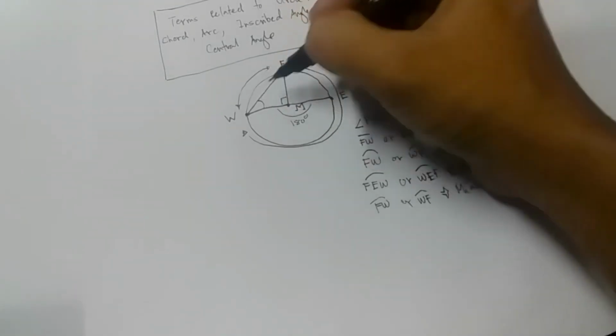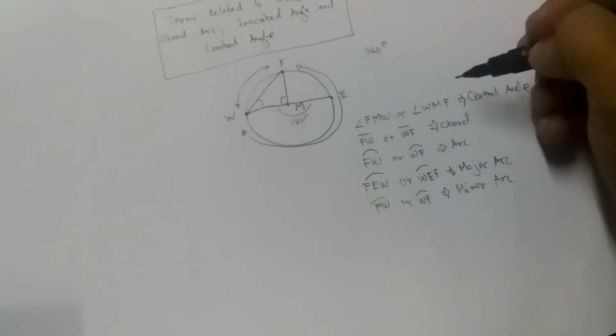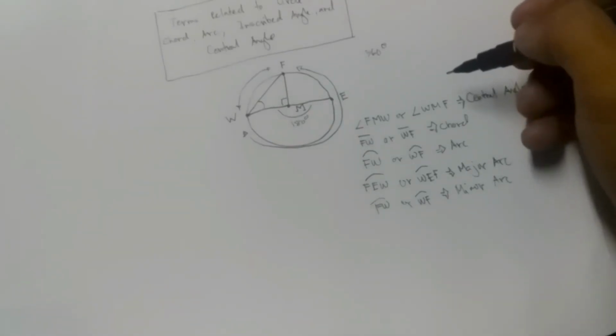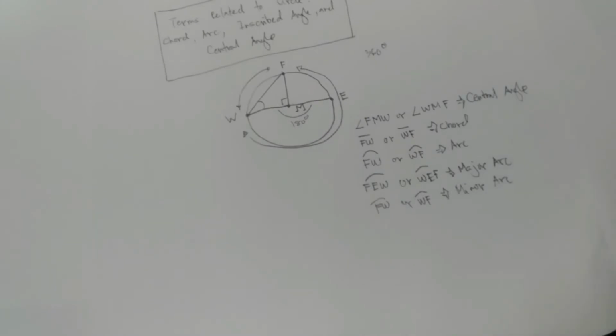So we call this again our inscribed angle. An inscribed angle, by definition, is an angle whose vertex is on the circle and whose sides contain chords of the circle.